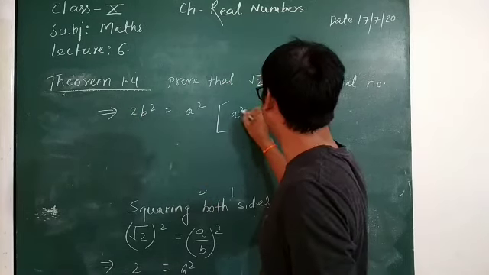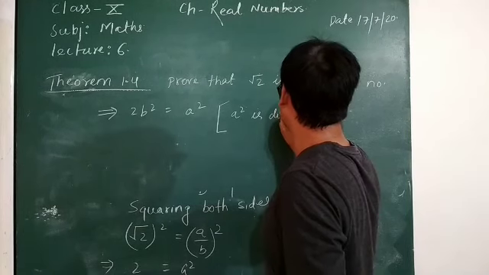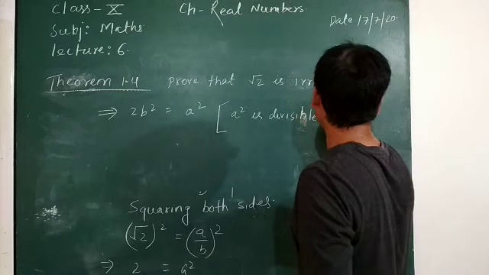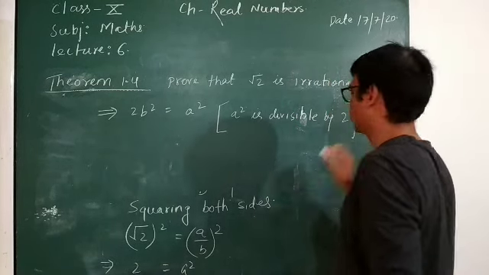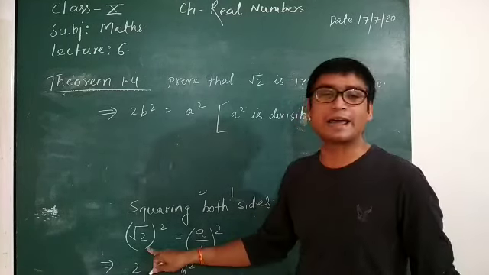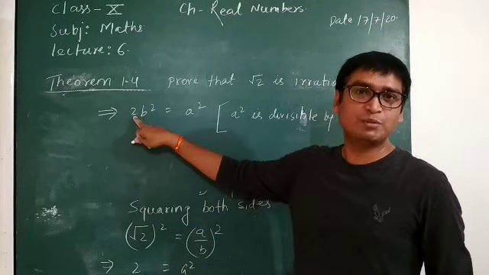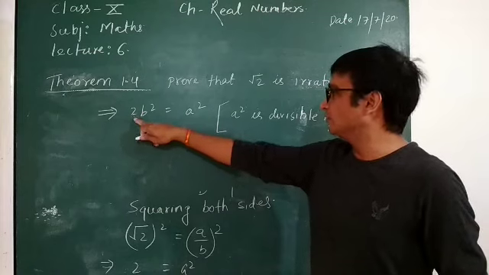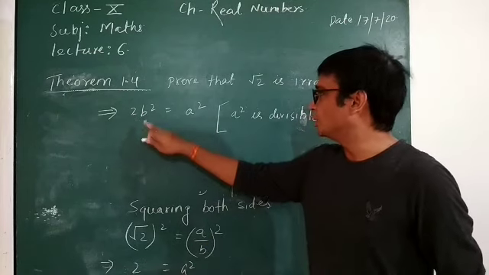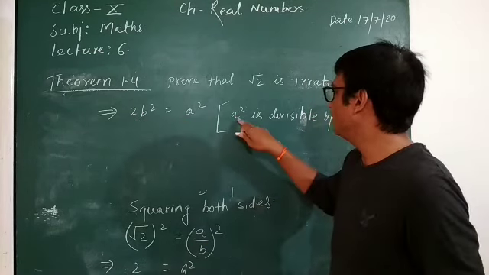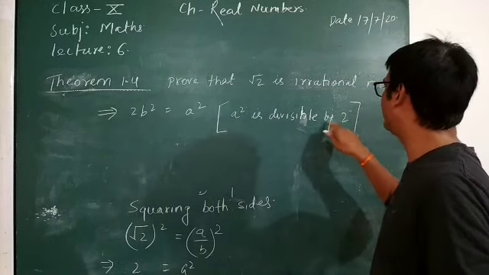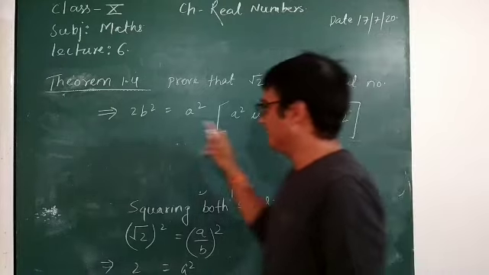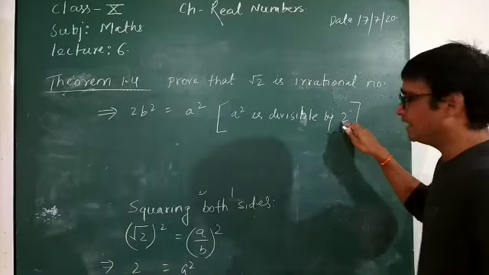If it were root 5, it would be 5: root 5 square will be 5, so 5b square, and we would write a square is divisible by 5. Correct? So here a square is divisible by 2.